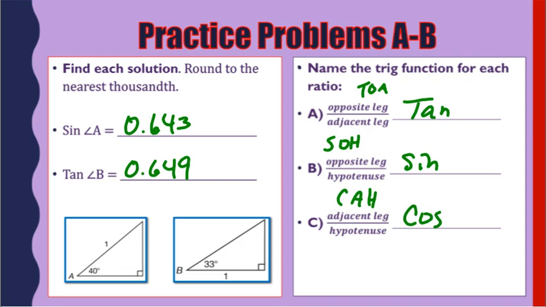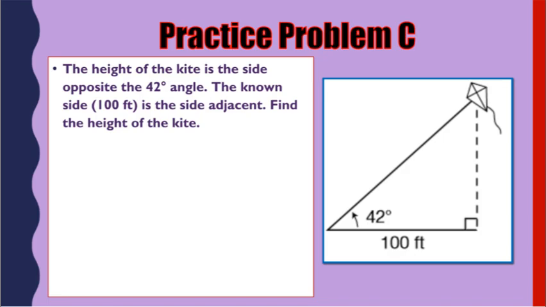And our last problem, the height of a kite is the side opposite the 42-degree angle. The known side, 100 feet, is the side adjacent. Find the height of the kite. So we need to find this piece right here. So to solve this one, we know that we have an angle of 42 degrees.